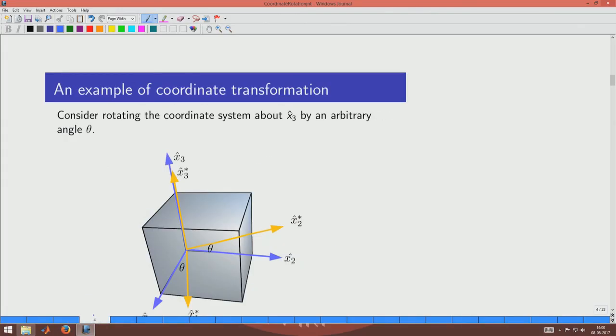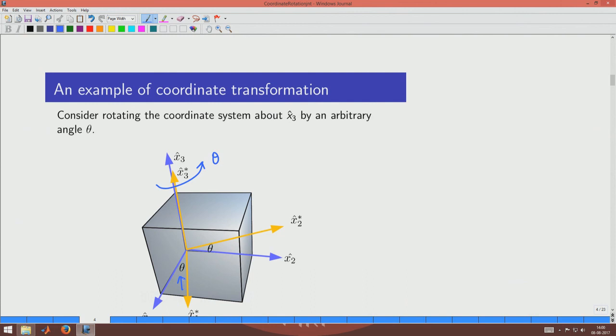So, the example transformation can be then taken up, and we will do a 2D rotation so that we can derive the expression easily. What we do is basically we will rotate the coordinate system about the x3 axis, and we rotate by a certain amount which is basically given by the angle theta, which I have given here.